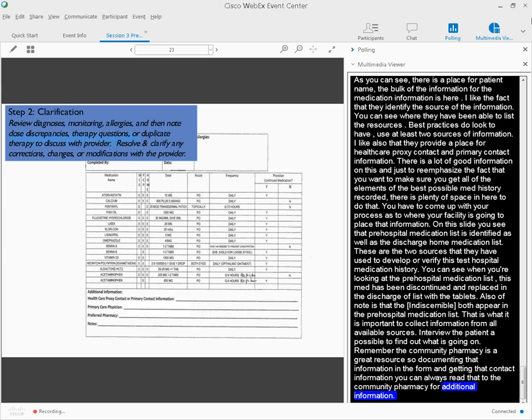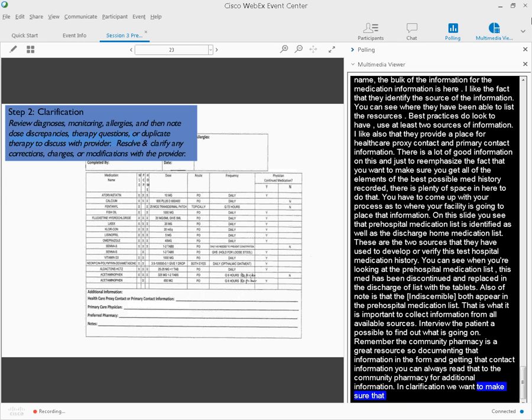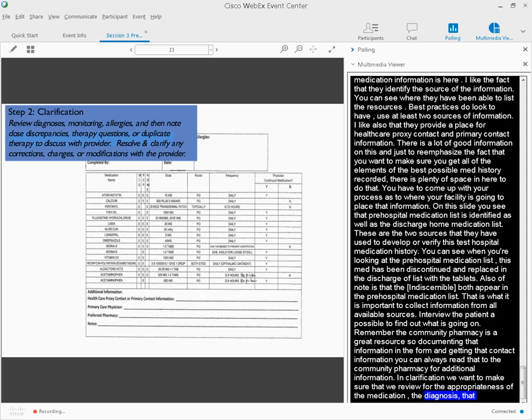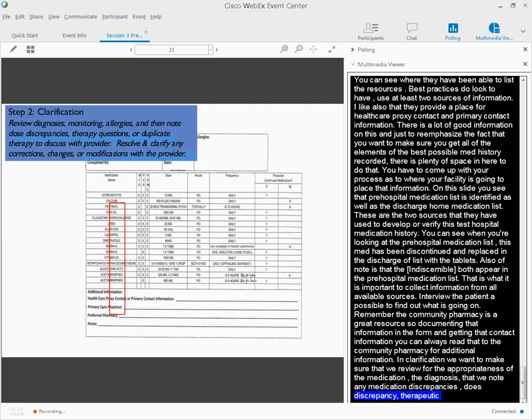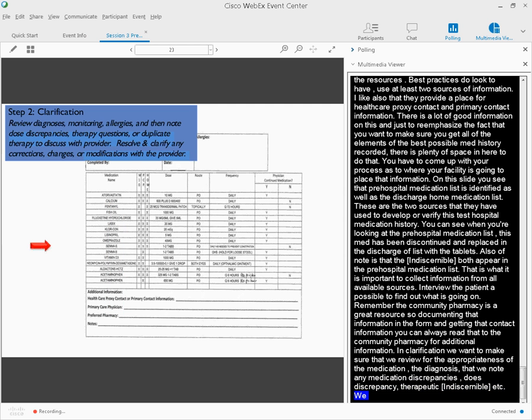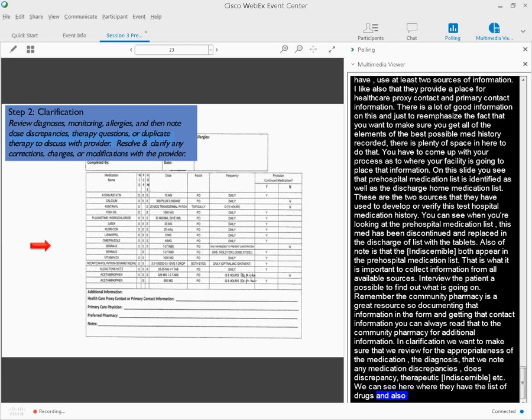So in clarification, we want to make sure that we review for the appropriateness of the medications with the diagnosis, that we note any medication discrepancies, dose discrepancies, therapeutic duplication, etc. We can see here where they have the list of drugs, and also that we've identified Senna listed twice in this chart.